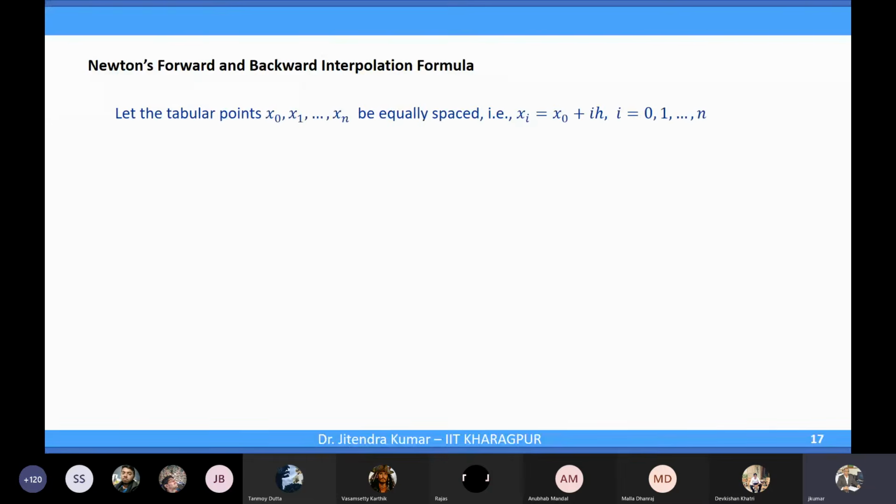One is the so-called shift operator, E. What is the shift operator? When you apply E on f(xi), it gives you the value f(xi plus h). In general, you have E^n on f(xi).